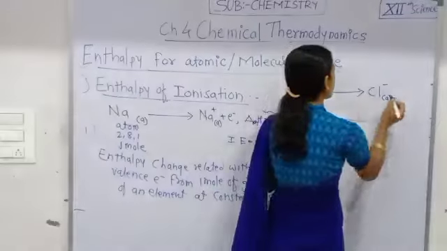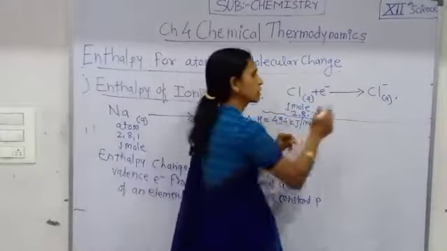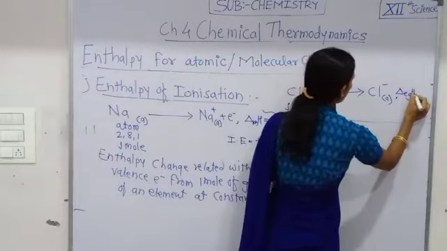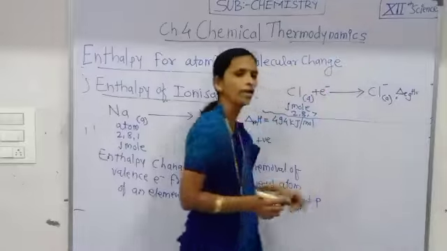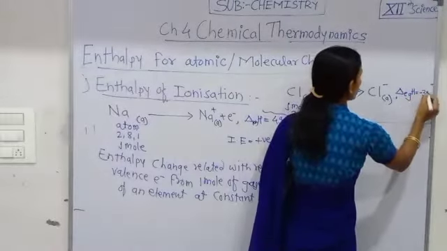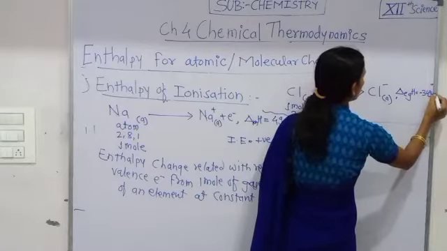The enthalpy related to this process is known as electron gain enthalpy. Here the electron gain enthalpy is minus 349 kilojoule per mole.